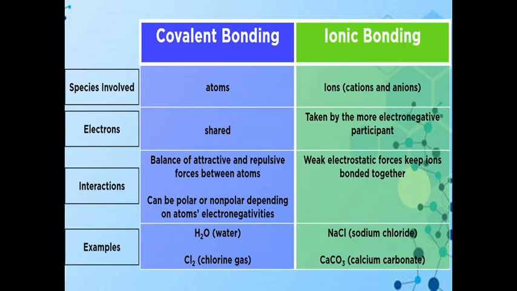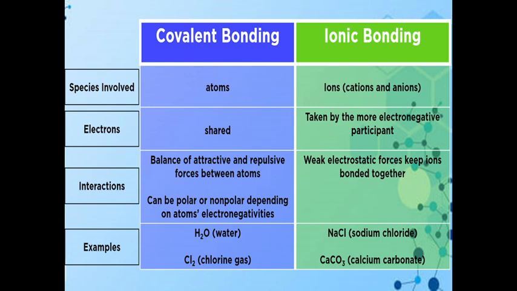Before we proceed to our next type of bonding, let us first compare the difference between covalent bonding and ionic bonding. We have the species involved, which of course are atoms, and the transferring or sharing of electrons.